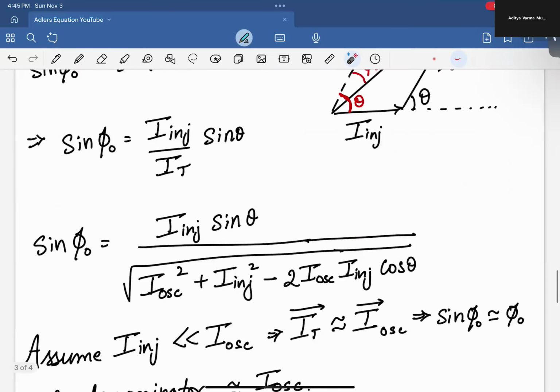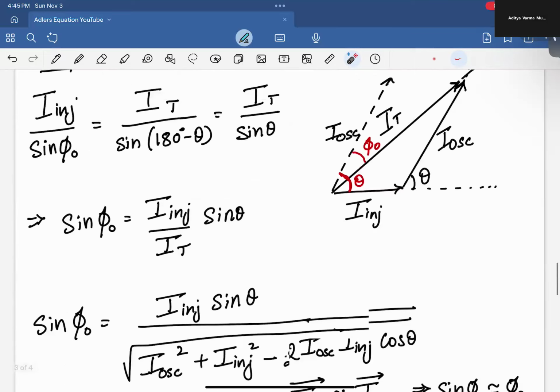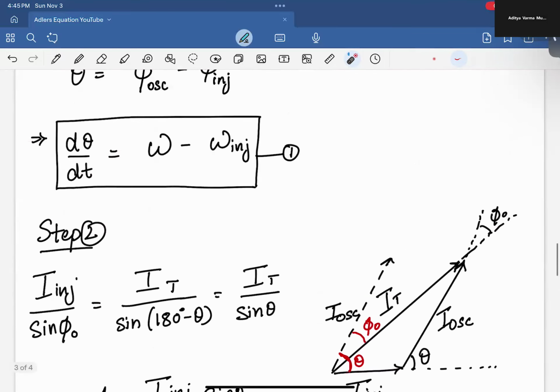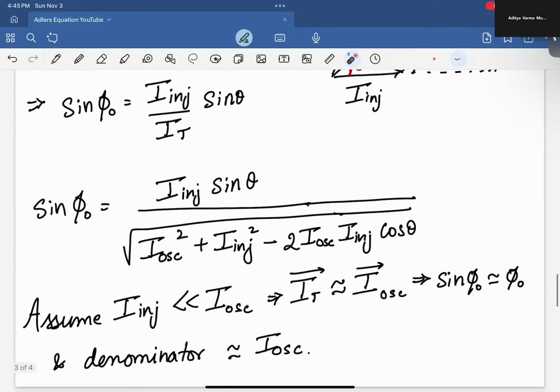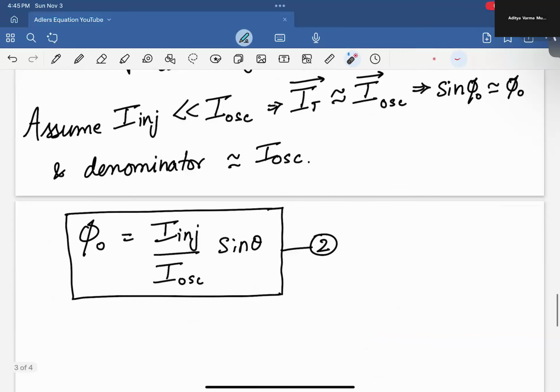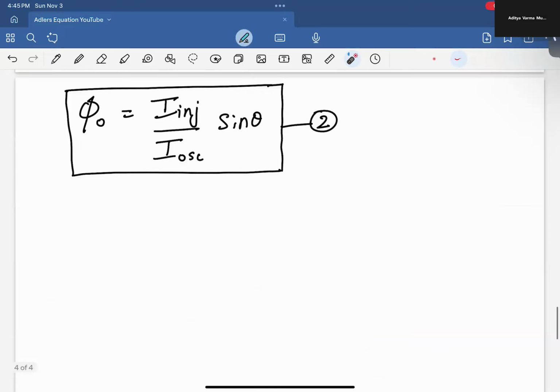So what do we need? We have one missing piece left, right? We don't know what is the relationship between omega, the oscillation frequency, and phi naught, right? If you have that, then we can put phi naught in here, and then we get what we want, theta versus phi naught versus omega injection, right? From these two relationships. And that's exactly what Adler's equation is.